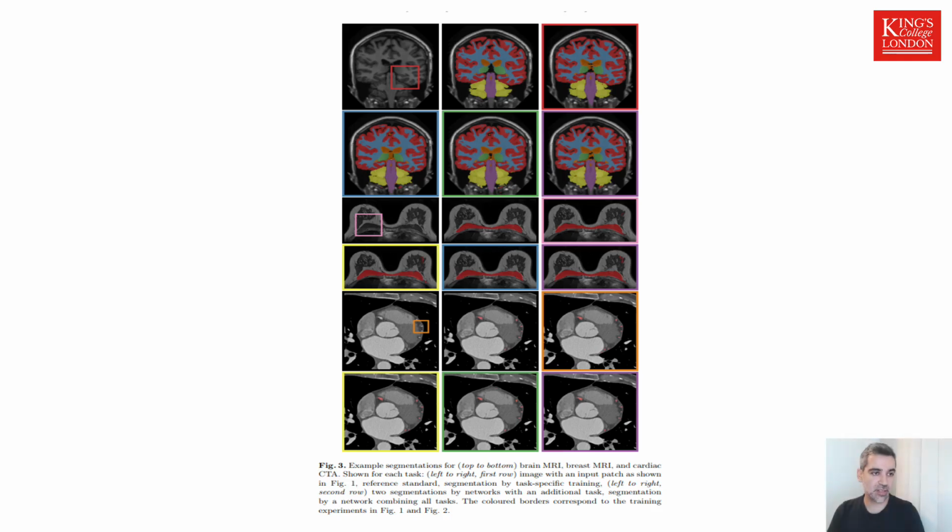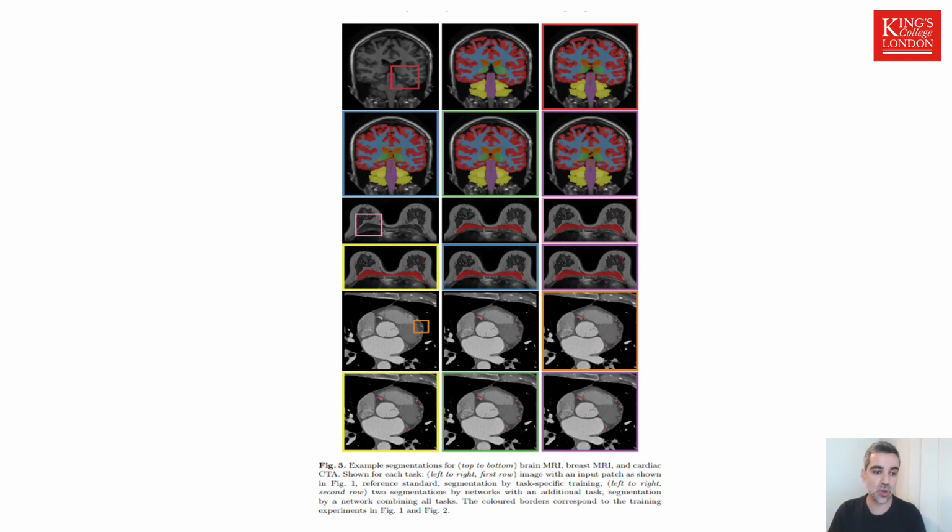And here there's another image from the same paper where the authors are showing the 3 body parts, in this case the brain, the breasts, and the heart. And what you have after that is the ground truth, a network trained with 1 task, 2 networks trained with 2 different tasks, and a network trained with the 3 tasks. And what you see, and I mean, the differences are actually relatively small, but you do see them.